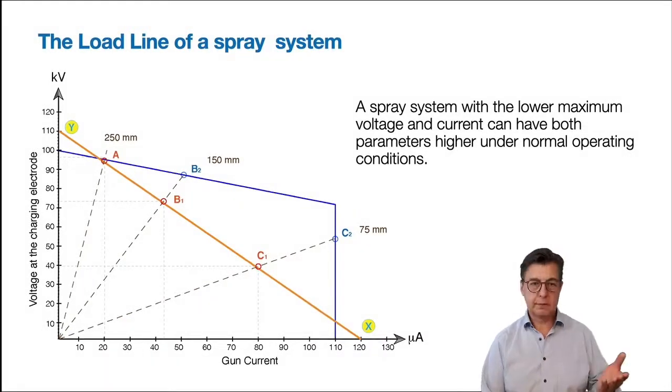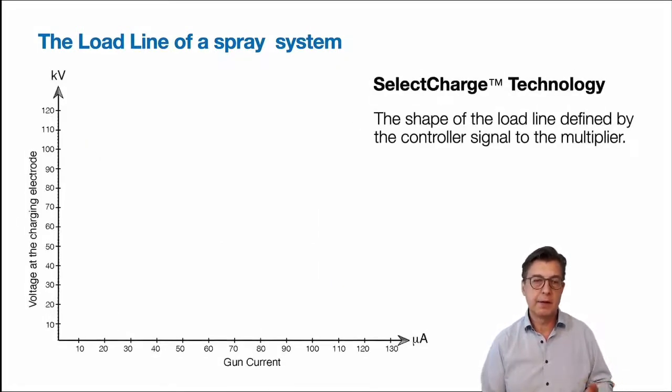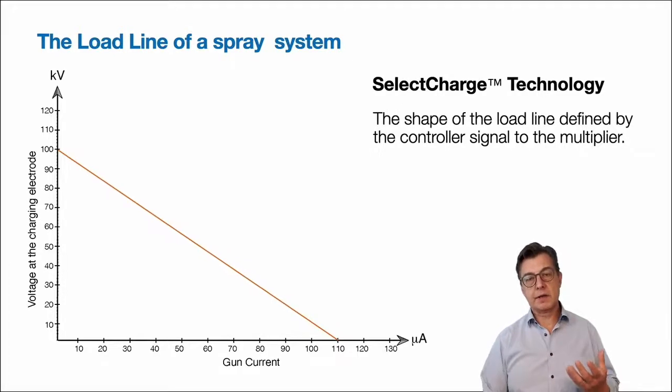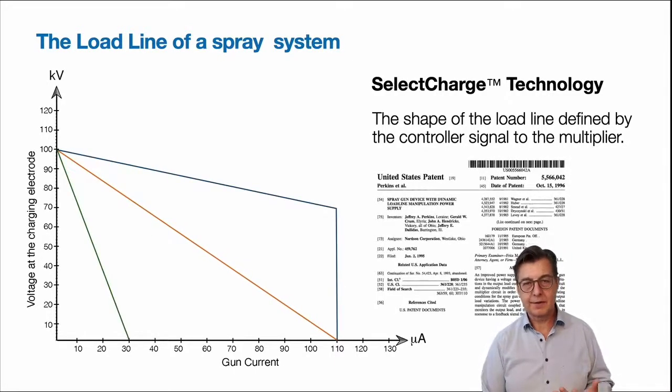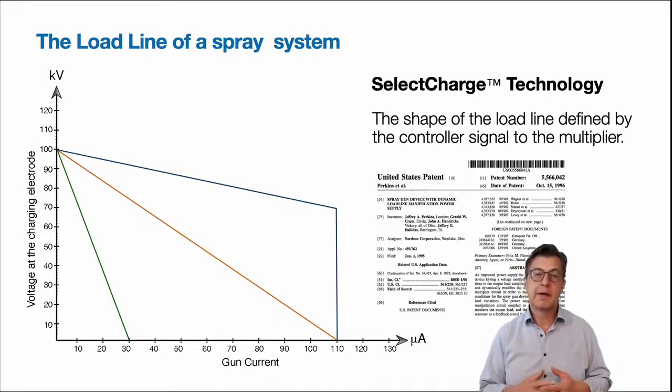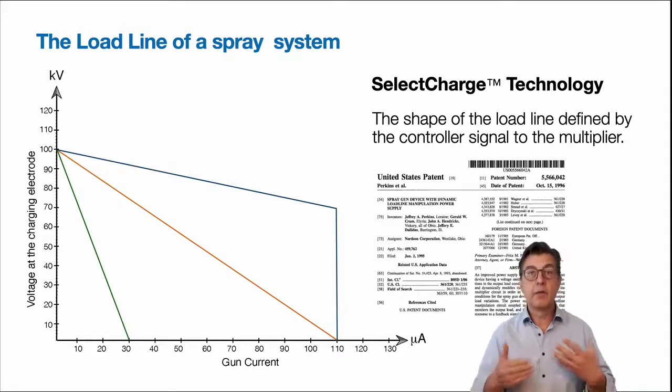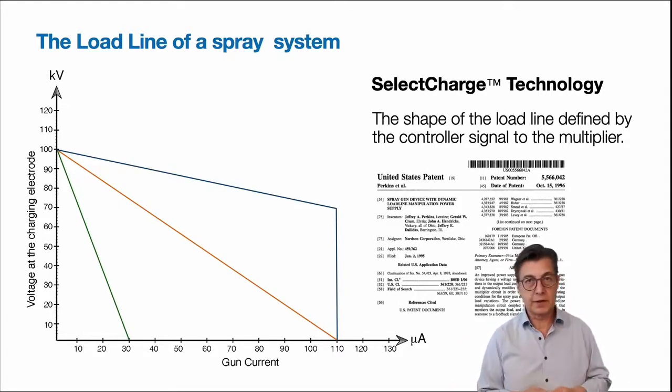So how does one get to having load lines of such different slope and shape? Well, this is achieved by using the select charge technology patented by Nordson in 1996. This technology allows us to shape the load line by altering the signal sent to the multiplier depending on the current feedback we want to achieve under the different load conditions with the different gun-to-part distances.